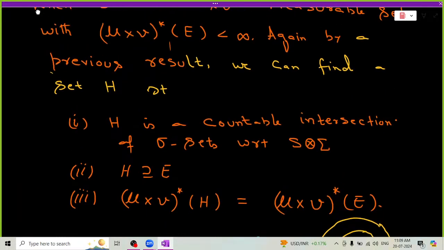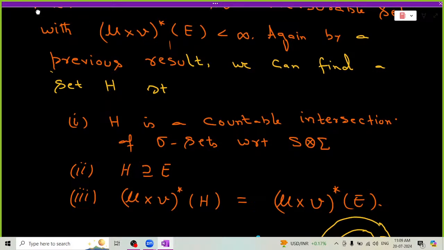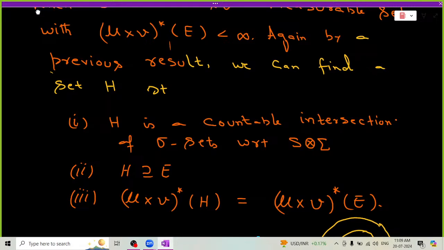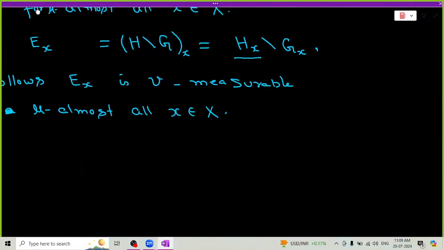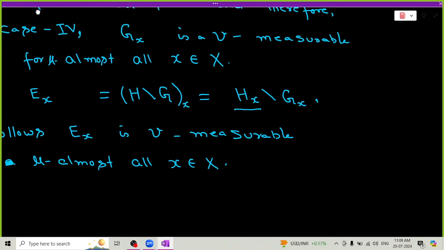H, look above, it's a countable intersection of sigma sets, and we have examined this scenario in case 3. So by case 3 we can conclude that the X section of H is measurable for all x's actually. And G being a null set, its X section will be measurable for almost all x's.